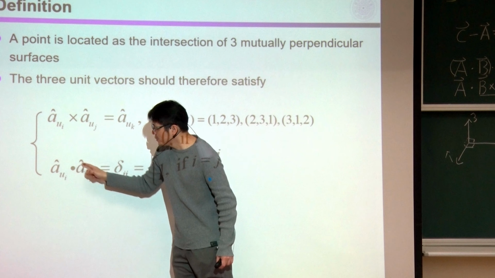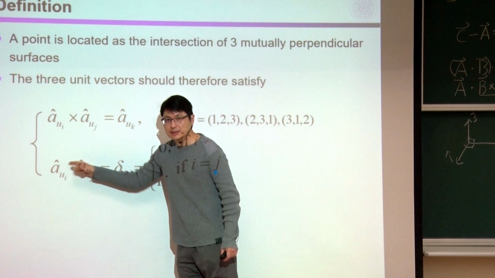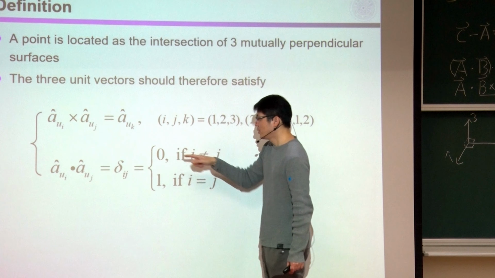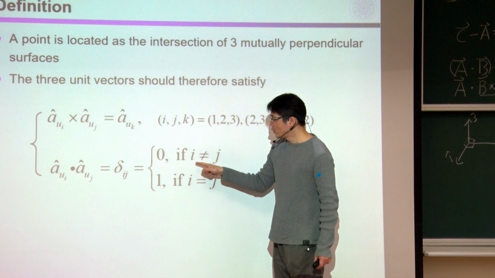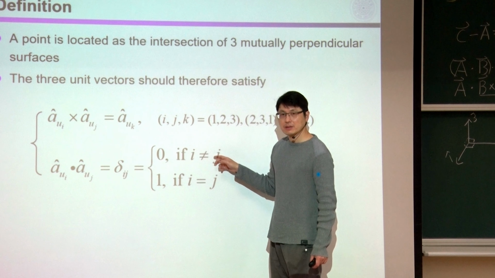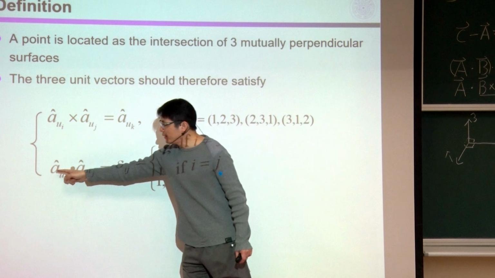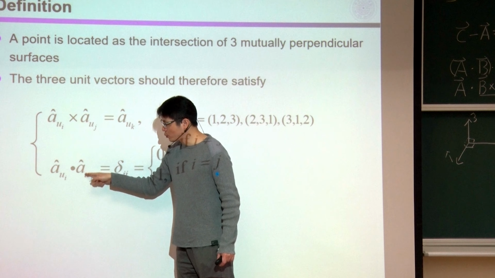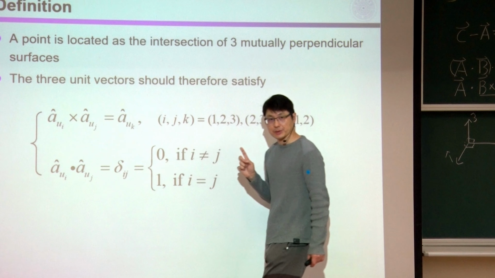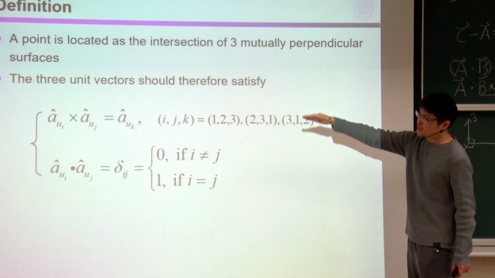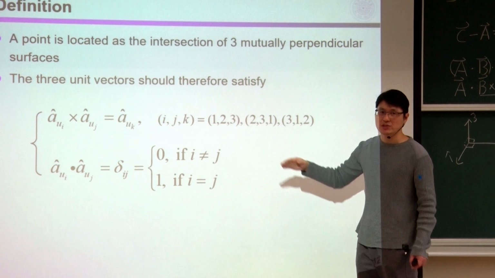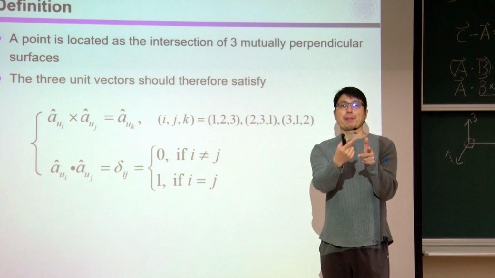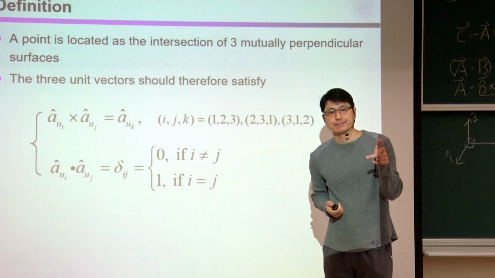So any two unit vectors making a dot product, making the projection, will be 0 when your subscripts are different. For example, A1 dot A2 should be 0, but A1 dot A1 equals 1, right? So using these two simultaneous conditions, we ensure the three unit vectors are perpendicular to each other.